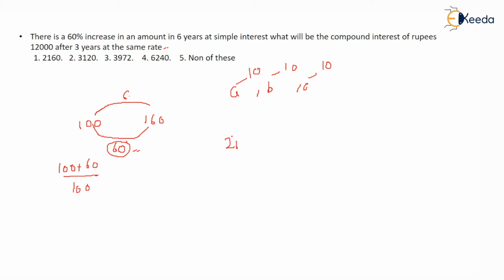It comes out to be 21. And now this becomes the new A, this becomes B. So after solving this, 21 plus 10 plus 21 into 10 upon 100, this comes out to be 31 plus 2.1, that is 33.1. So you have to find 33.1% of 12,000 rupees.